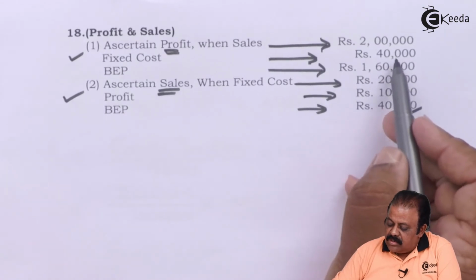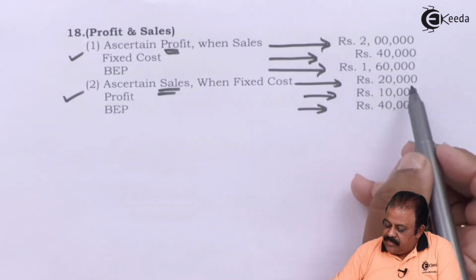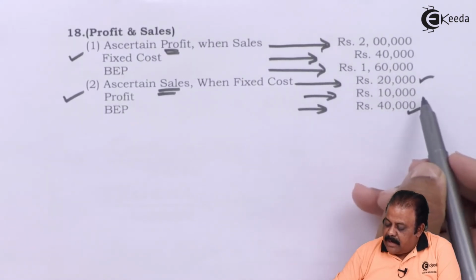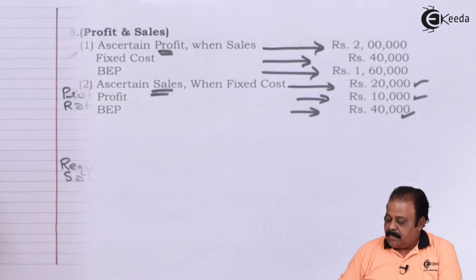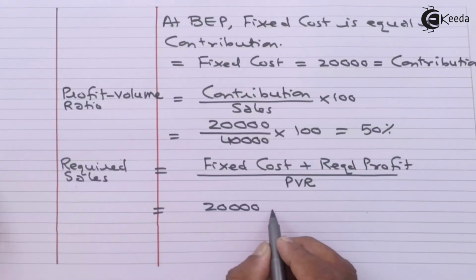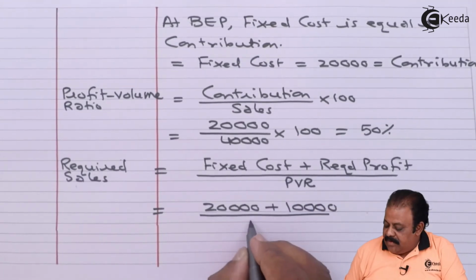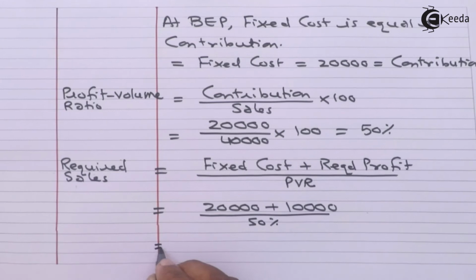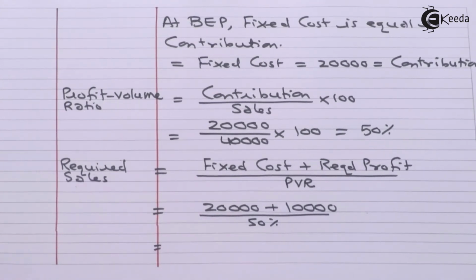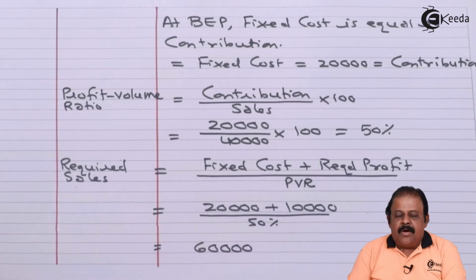Fixed cost 20,000 and profit we have 10,000, divided by PVR 50%. So the amount of required sale comes to 60,000.